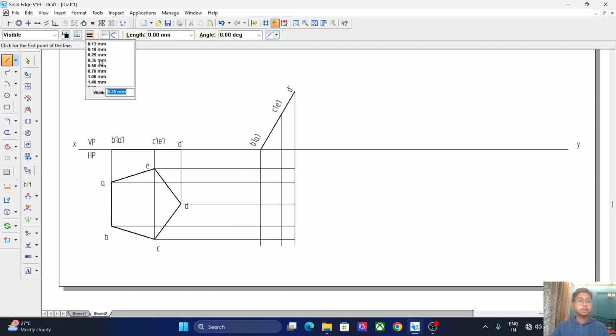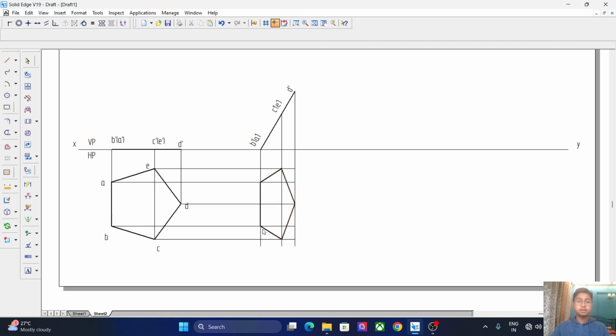Now we will join the lines using thick lines. Here A, B, C, D, E, and A. We can trim the unwanted lines.